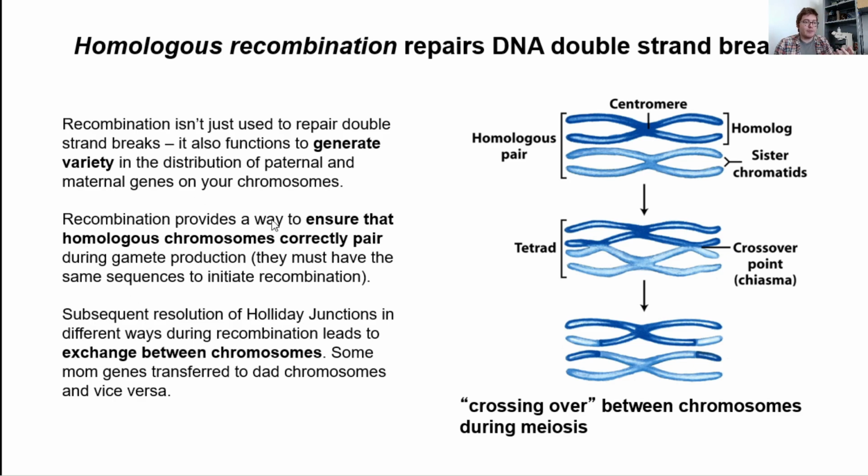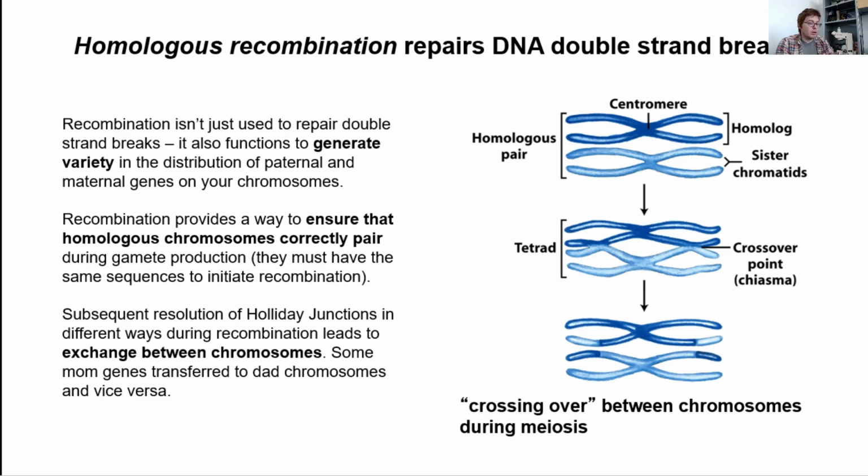And it comes from the fact that recombination ends up being a very useful way of making sure that you can pair maternal and paternal chromosomes together, because they have to have homology with one another in order to form these Holliday junctions and these recombination structures. So recombination becomes a natural way to make sure mom and dad chromosomes pair.